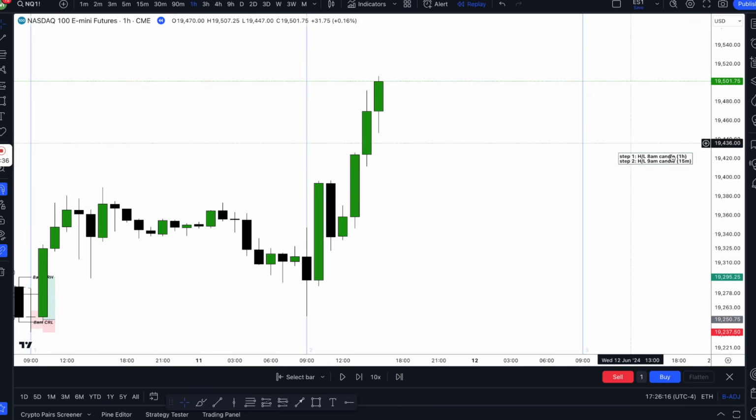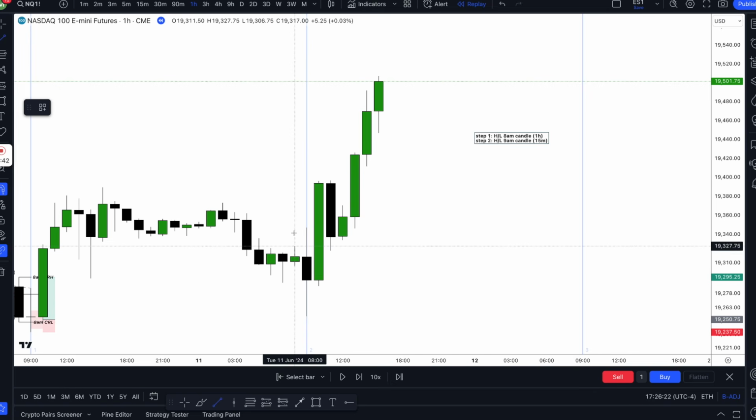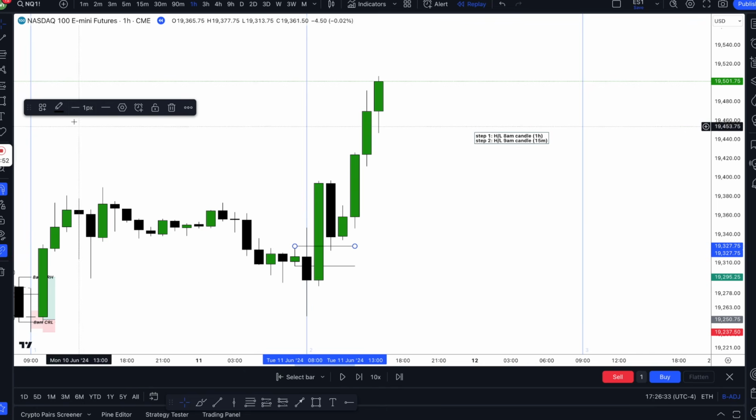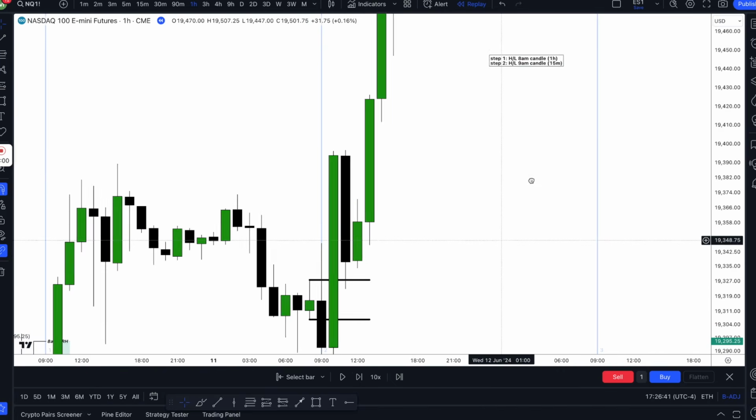So step number 1, draw the 8 a.m. candle high and low on the 1 hour time frame. High and low. To make this more clear, I'm just going to make these thick lines. I'm not going to mark them out anymore. I'm just going to make them thicker. So 8 a.m. high and low.